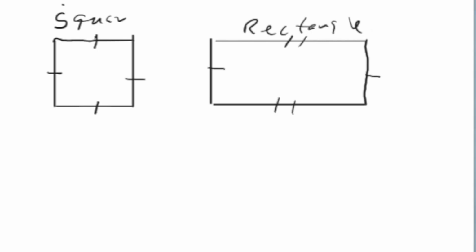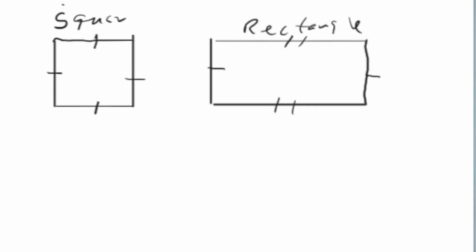So this is a square and this is a rectangle. I hope you know the difference between a square and a rectangle. All the sides are equal for a square and opposite sides are equal for a rectangle.